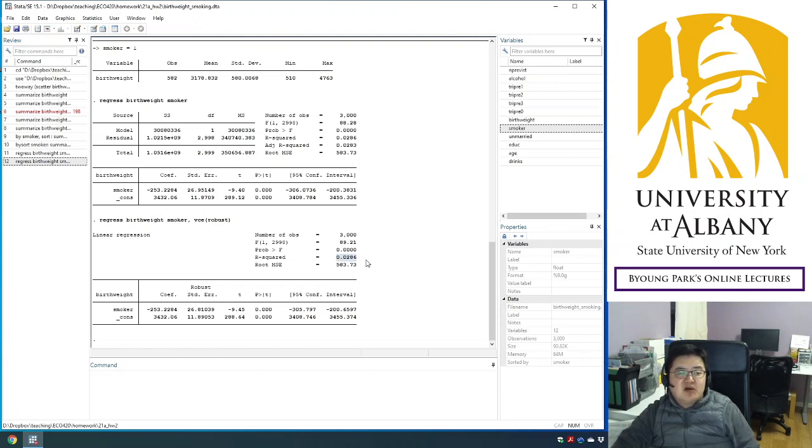The R squared is the same as before, which means the formula does not change. So the R squared formula is not affected by the homoscedasticity assumption. So without that assumption, still the formula is the same. And root mean squared error is also the same. The root mean squared error formula does not depend on the homoscedasticity assumption.